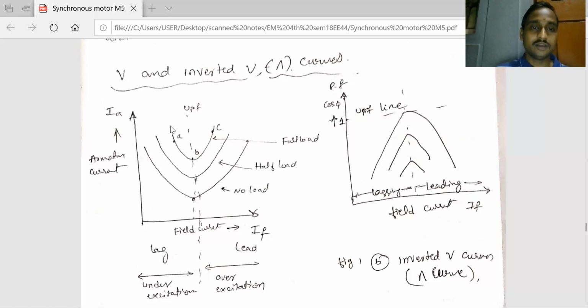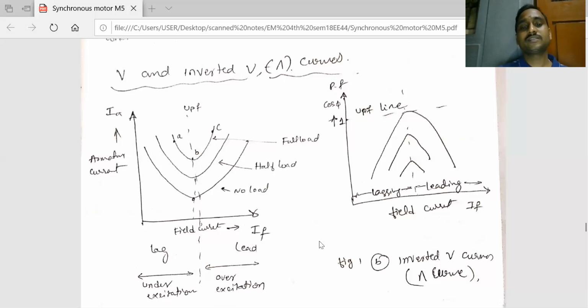For unity power factor, lagging power factor and leading power factor, draw a dotted line in between. The lagging case is called under excitation. Under excitation means we have less field current, below this dotted line. After this dotted line, it is over excitation.